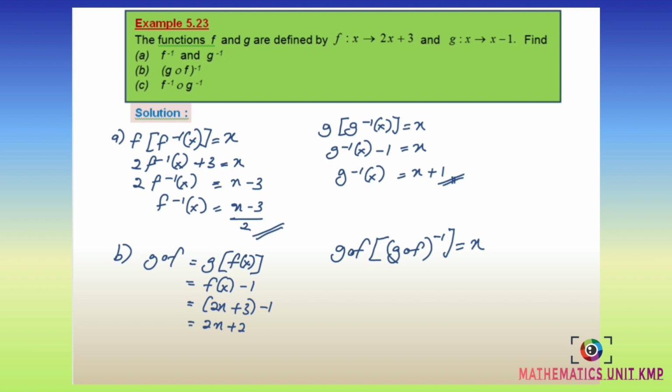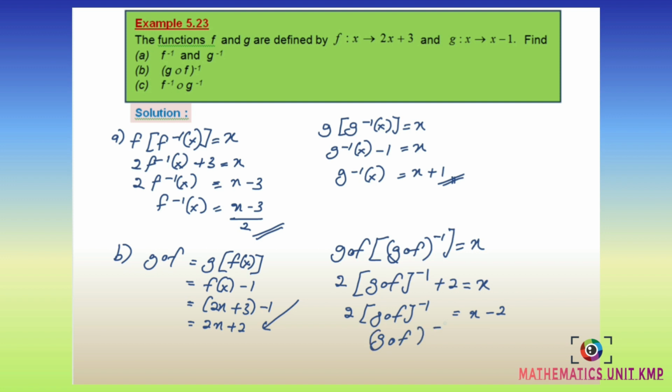That means the input is g composite f inverse: 2 times (g composite f inverse) plus 2 equals x. 2 times g of f inverse equals x minus 2, and g composite f inverse equals x minus 2 over 2.